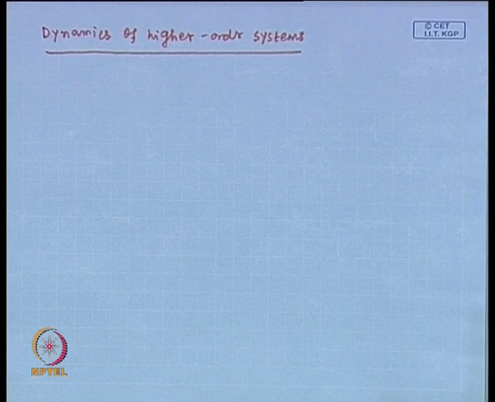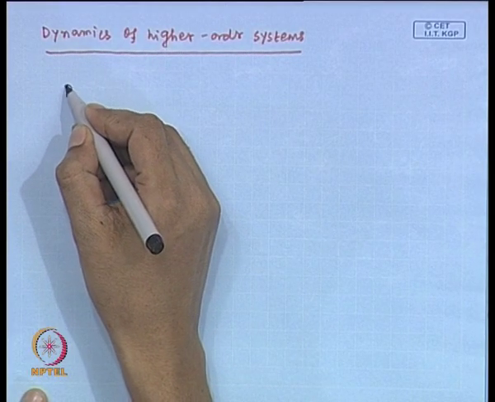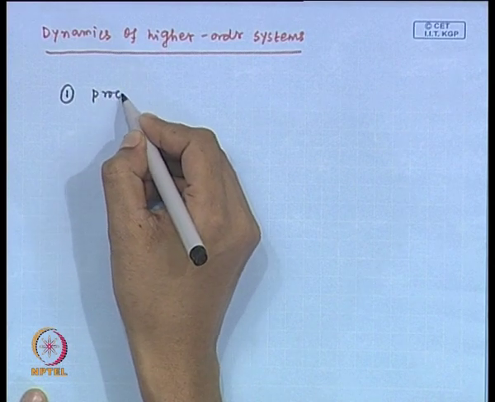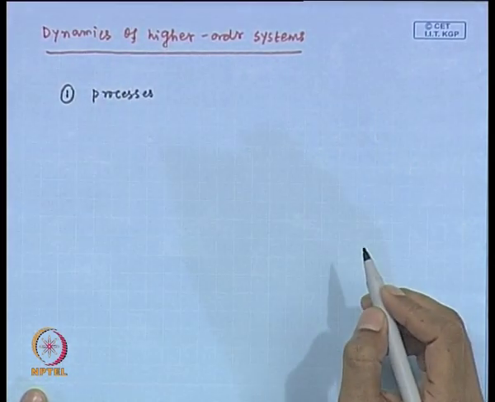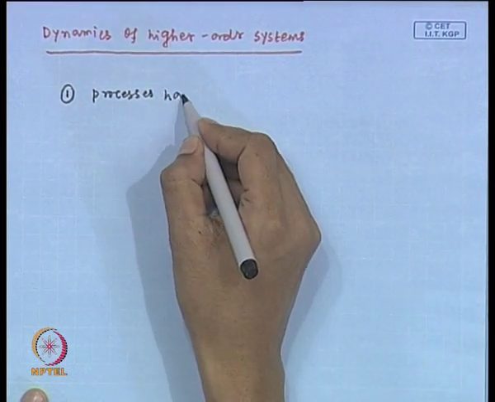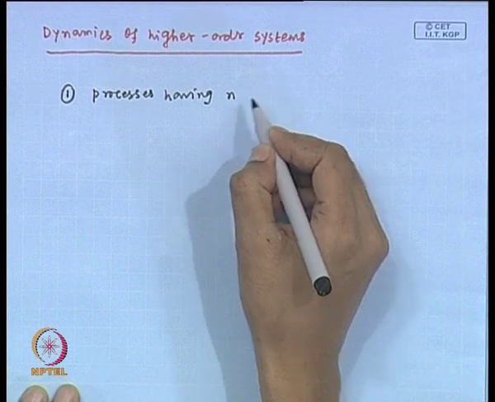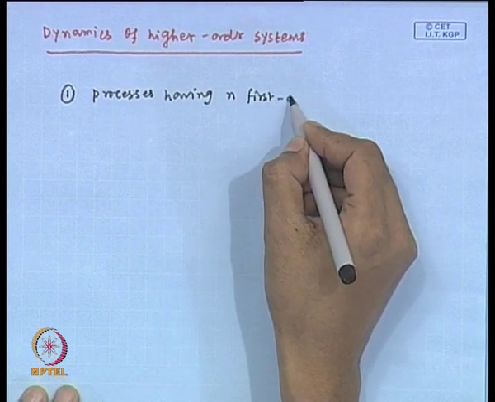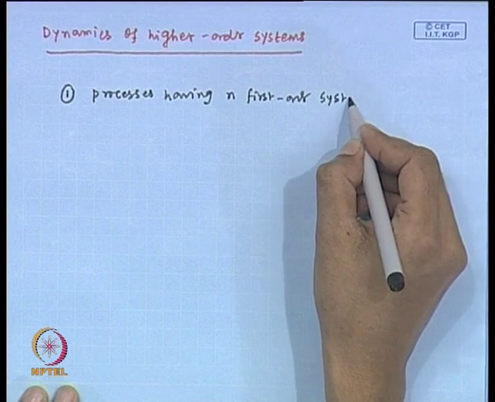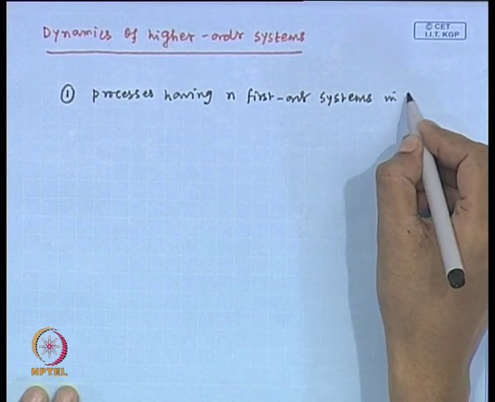Systems with higher than second order dynamics are not uncommon in chemical processes. Examples include the processes having n first order systems connected in series.